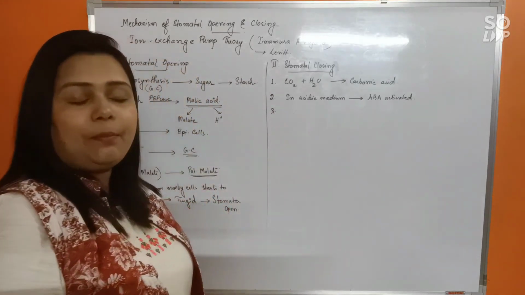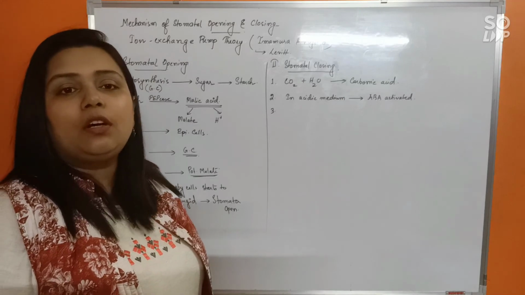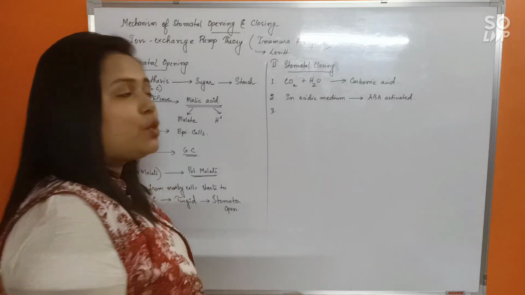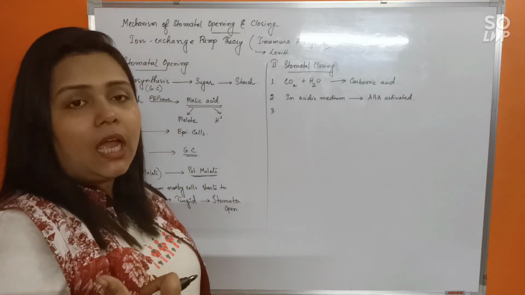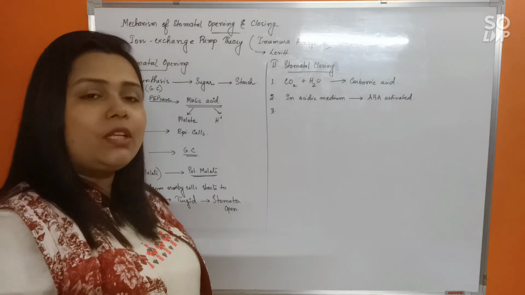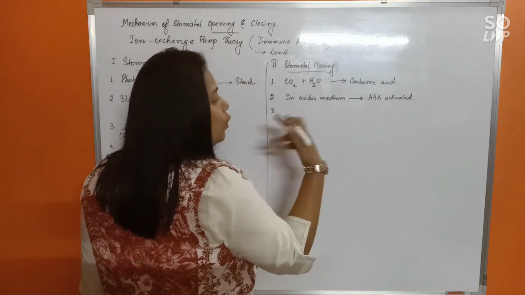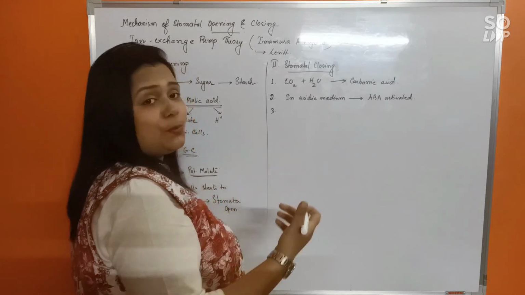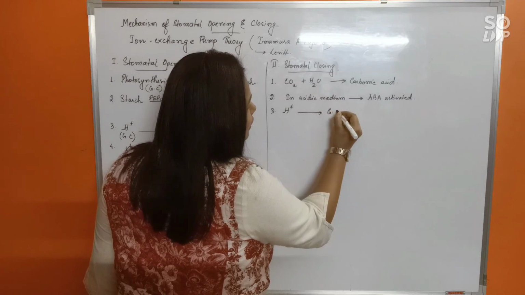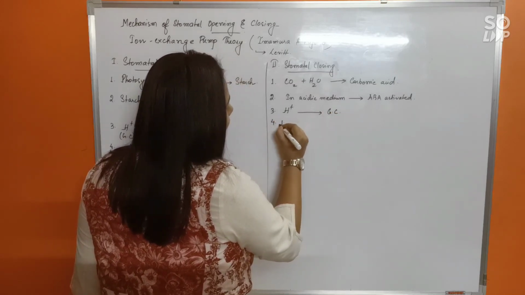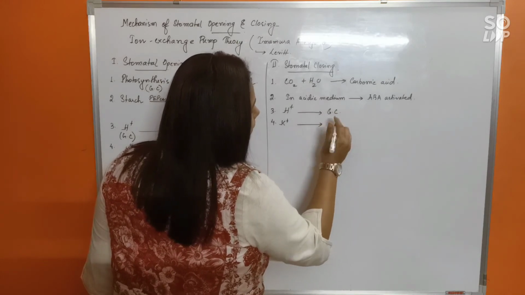As soon as ABA or abscisic acid is activated, the membrane permeability of the guard cell will be reversed, so that whatever was entering the guard cells will now start exiting it, and whatever was leaving it, it will start entering inside. So it will simply be reversed. So what was going out from the guard cells? H plus, isn't it? So H plus instead will start entering the guard cells, and K plus will start moving into the epidermal cells.